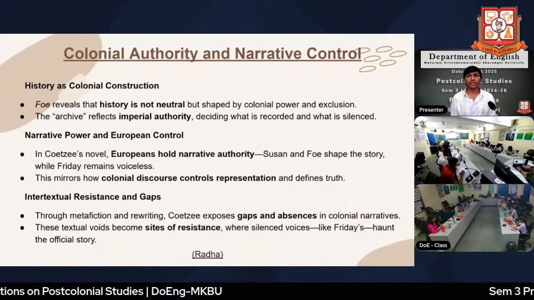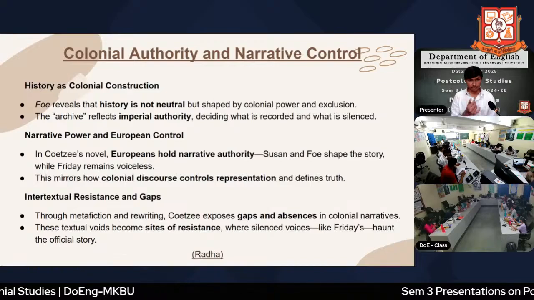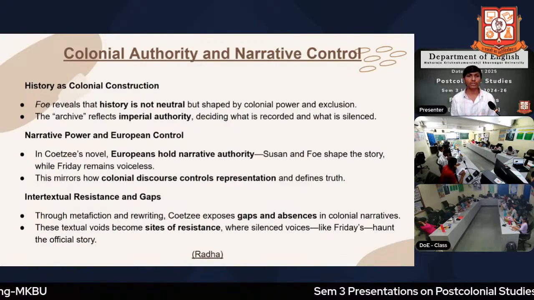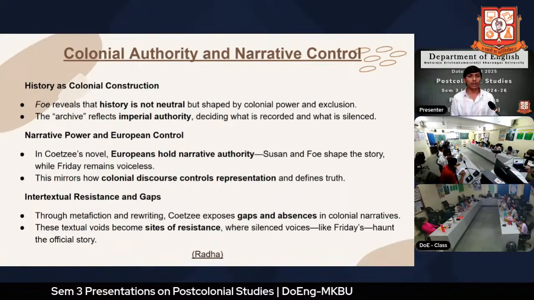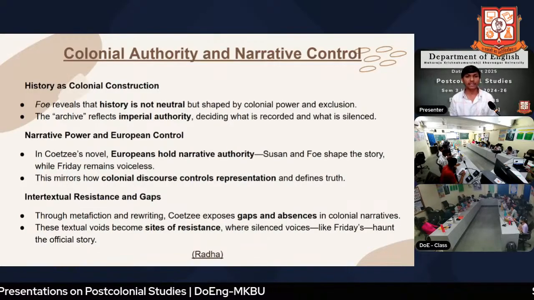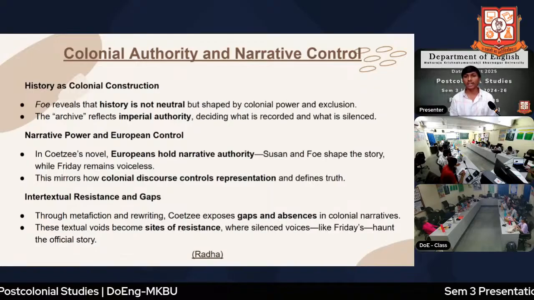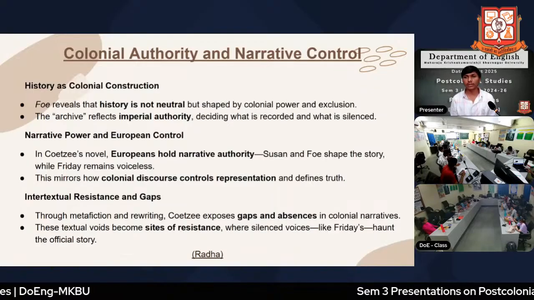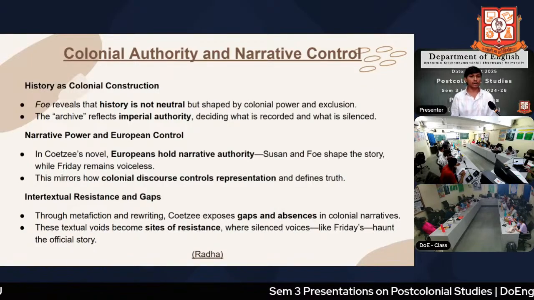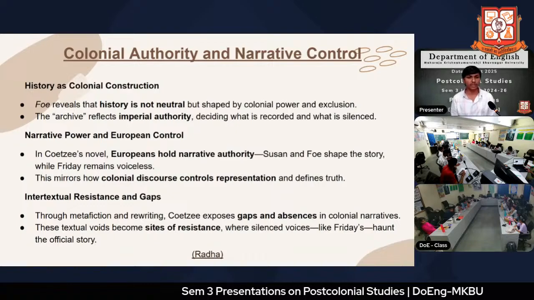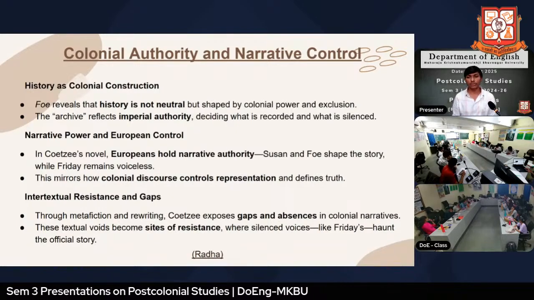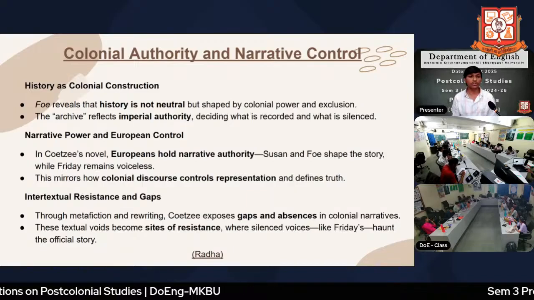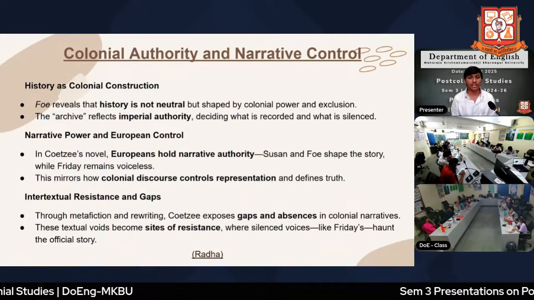Colonial authority and narrative control. History is not neutral but shaped by colonial power and exclusion. The archives reflect imperial authority, deciding what is recorded and what is silenced. In Coetzee's novel, Europeans hold narrative authority: Susan and Foe shape the story, while Friday remains voiceless.